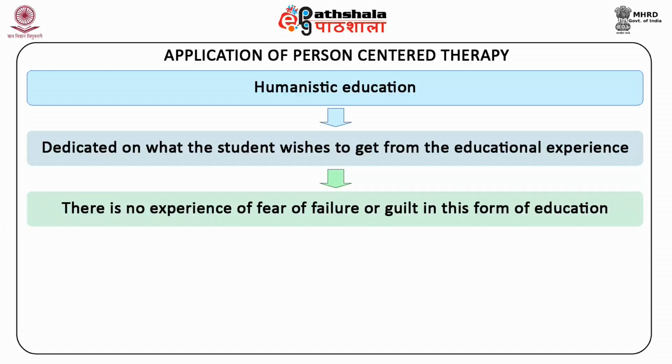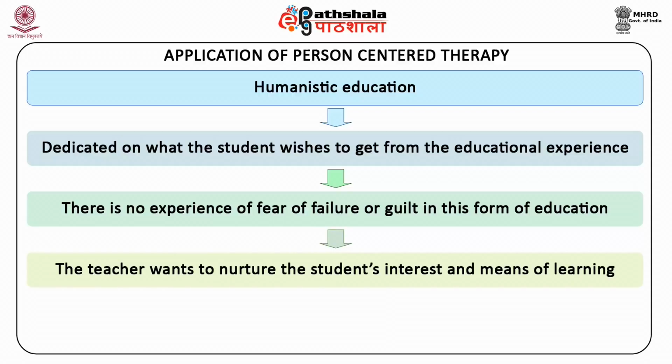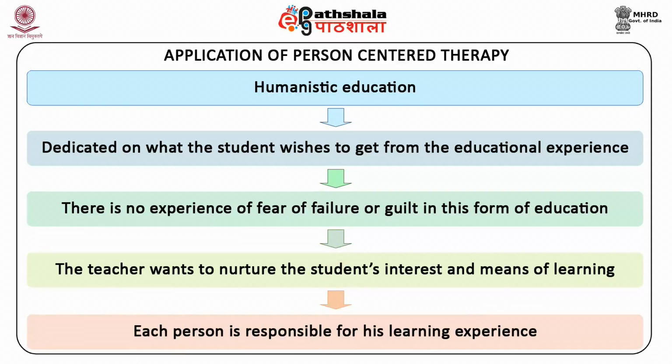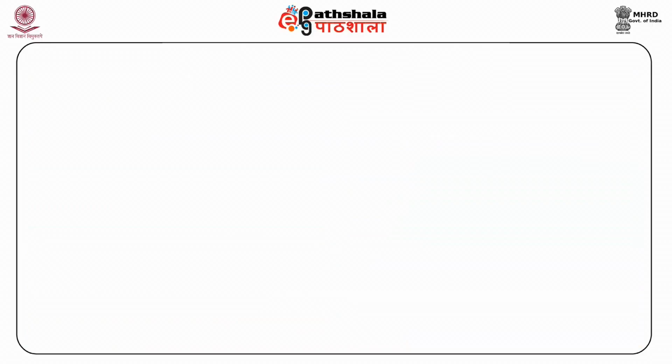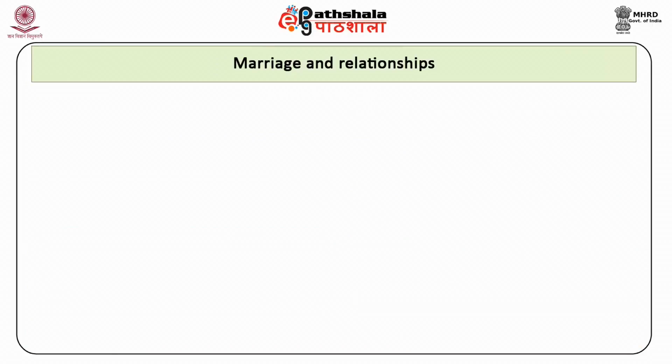So the learner must decide for himself what is crucial to be learned for the experience to have been successful. The teacher wants to nurture the student's interest and means of learning. Each person is responsible for his learning experience. So the teacher becomes a facilitator of learning using collaborative experiences, not simply book learning, for the emotional engagement of the learner.